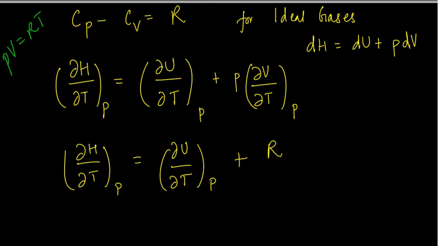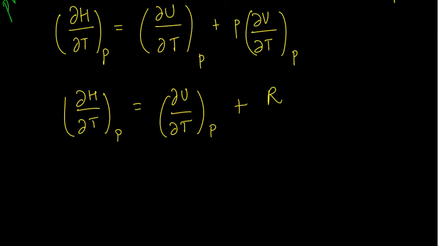It is Cv, but you can't assume that. So I'll go back to the definition of dU, which we already know. dU is equal to Cv dT plus pi T dV. What I need is del U del T at constant pressure, so I just divide by dT and write the condition of constant pressure.